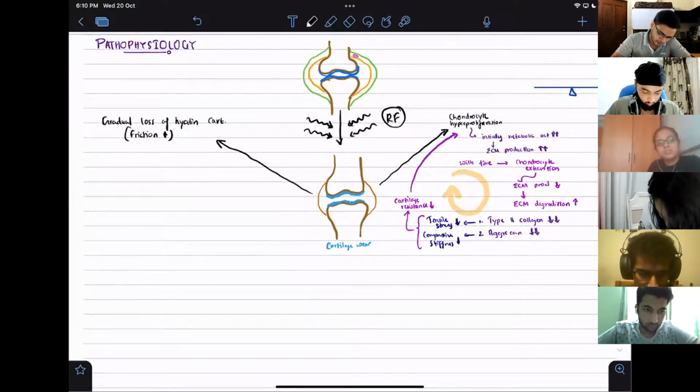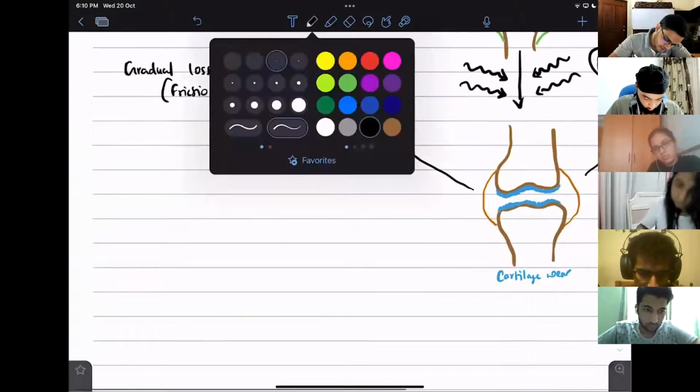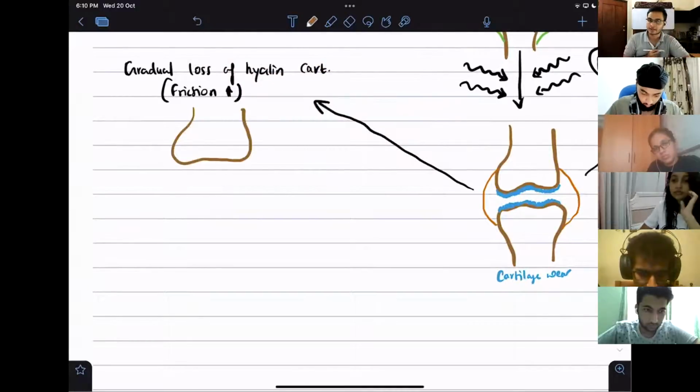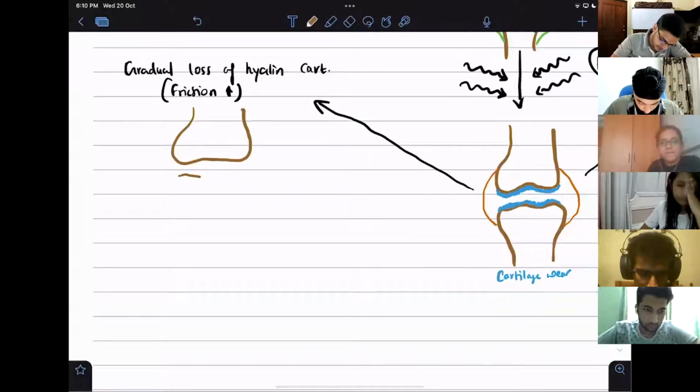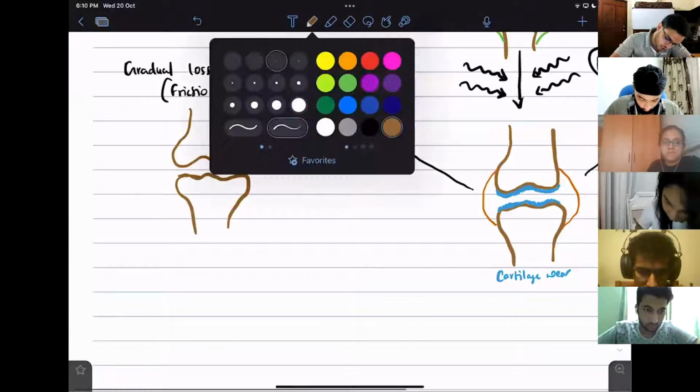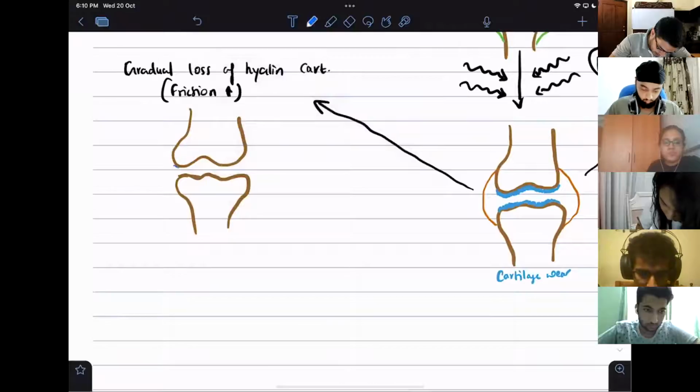Now look at this, it is a little important to understand. Let's say this is our joint. In these places, cartilage has become a little bit thinner.